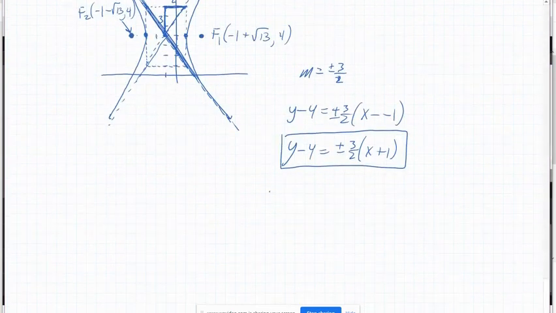So that would be y equals positive 3 halves x plus 3 halves plus 4, which would be y equals 3 halves x plus 11 halves.